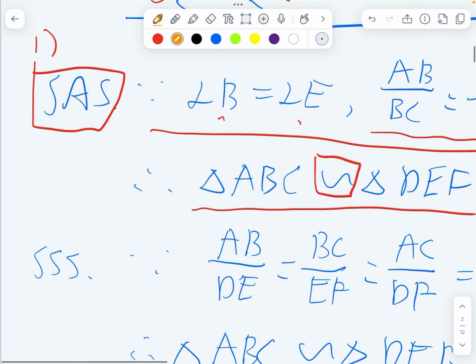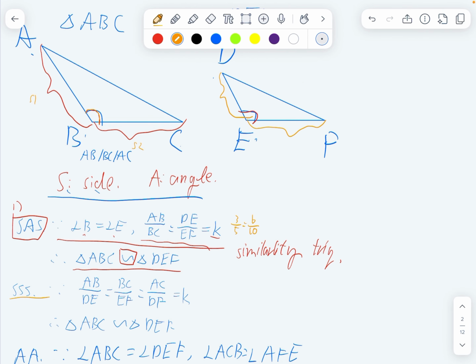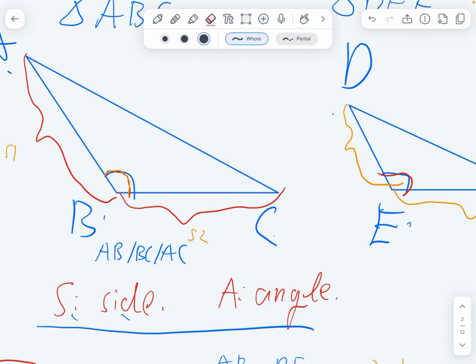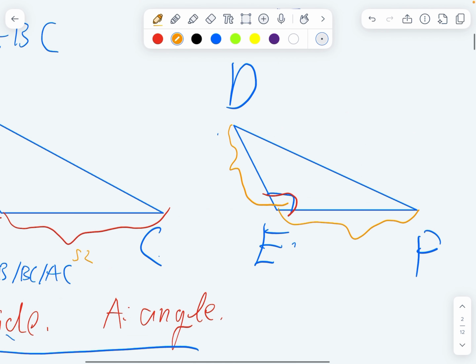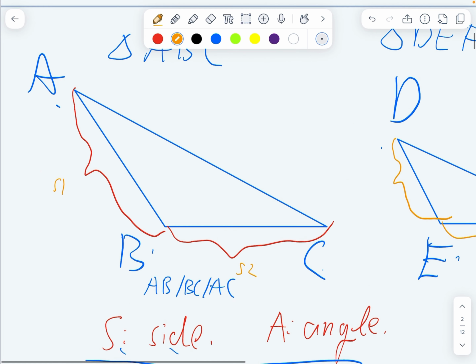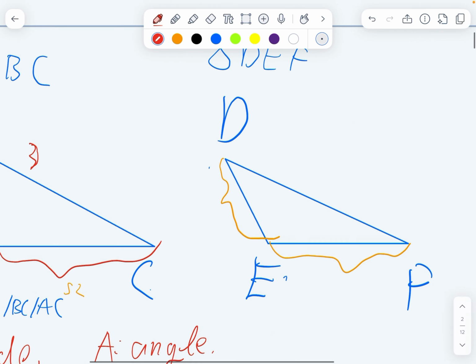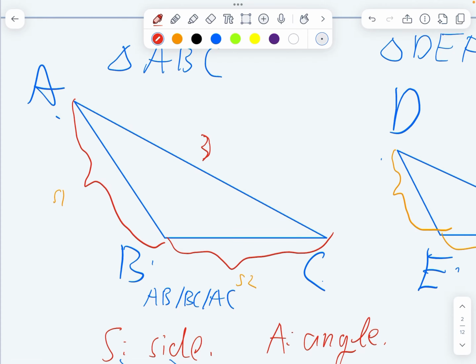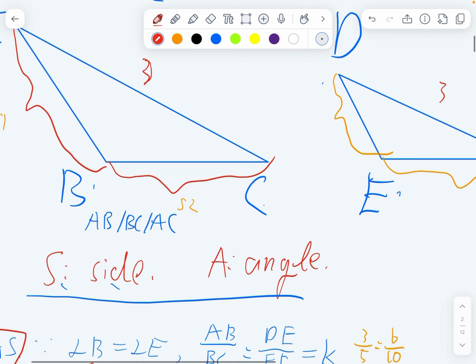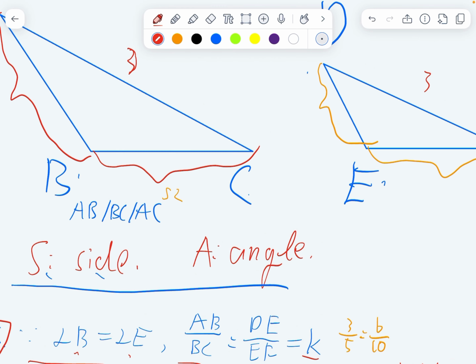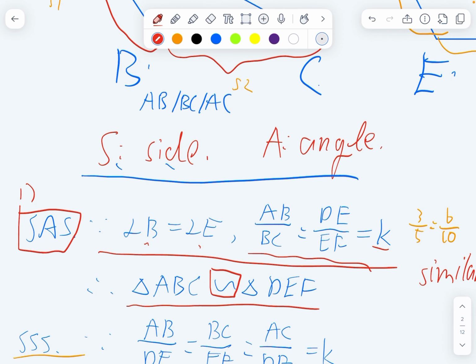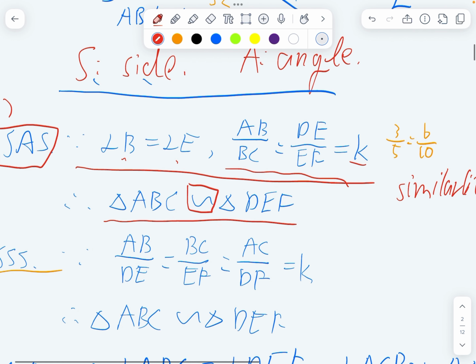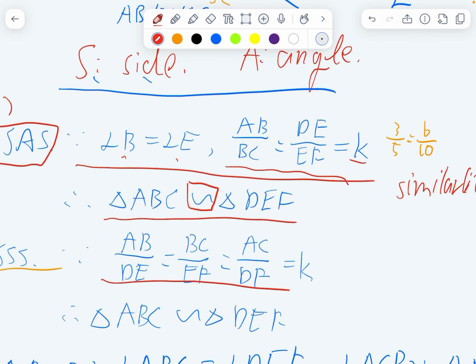Let's talk about the second one, which is the easiest one, SSS. The three sides are in proportion, and we do not care about the angles, only the sides. Because with three sides we can draw only one triangle. So AB over DE equals BC over EF equals AC over DF, equal to k as the value.